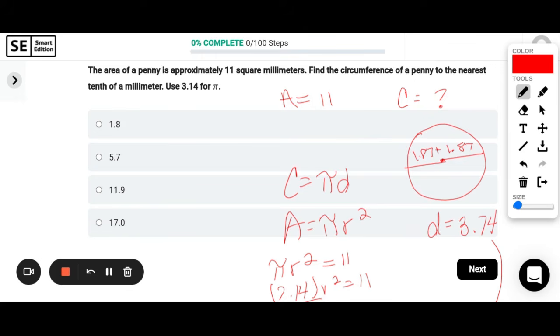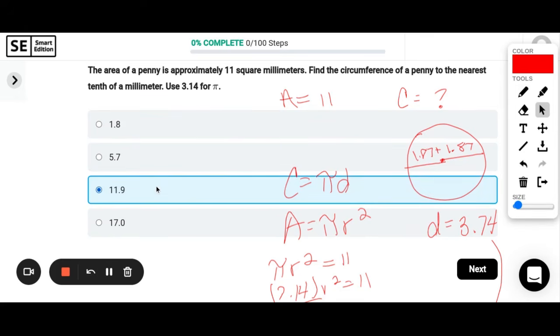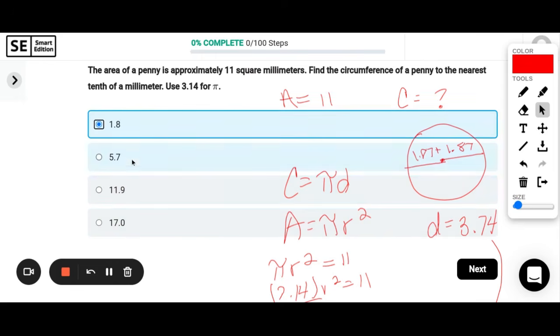Okay, and our closest answer, sometimes you don't get the exact answer, but the closest one that makes sense would be 11.9. So it looks like 11.9 would be our circumference.